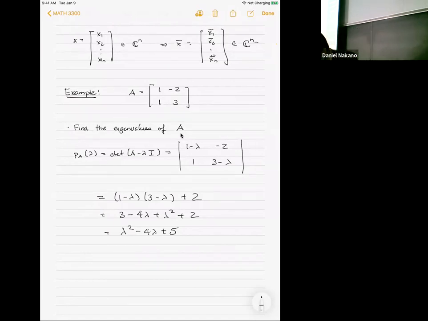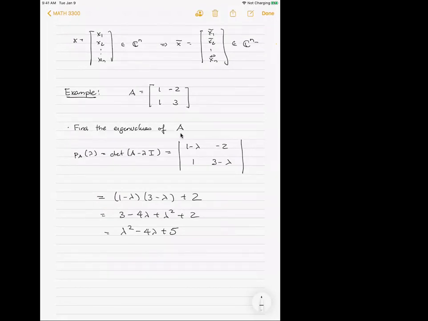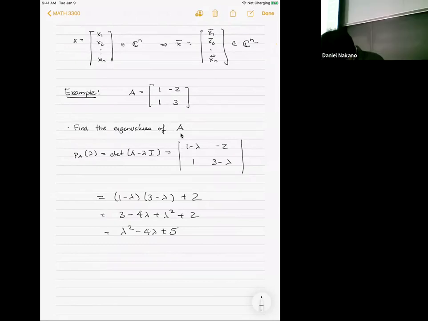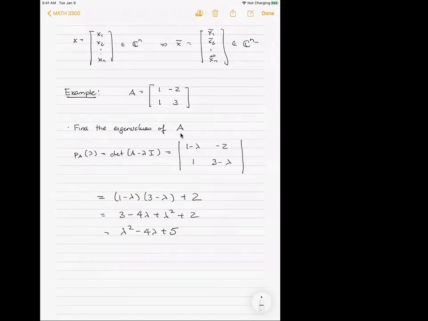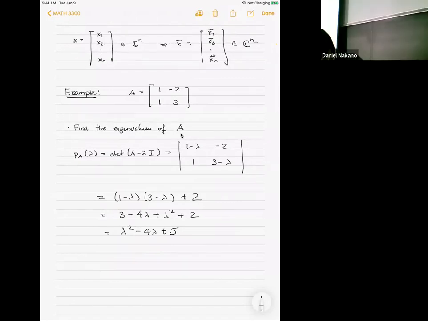So the question is, does this factor at all? Yes, this one looks like it actually factors. Did I make a mistake? Let me just look at this for a second. Oh, that's weird.